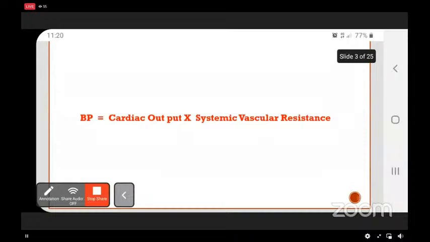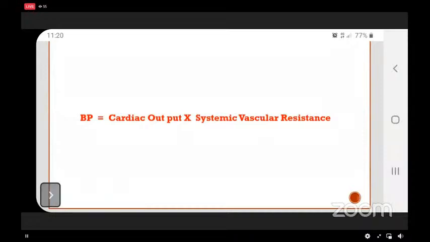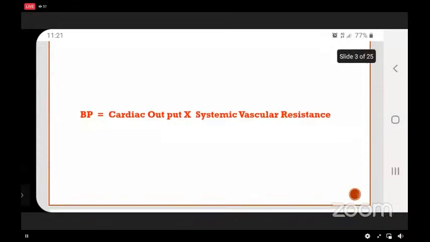So this is basically a slide which is telling you a very familiar formula, where the blood pressure is mainly determined by 2 factors. The first one is the cardiac output, and the other one is the systemic vascular resistance.